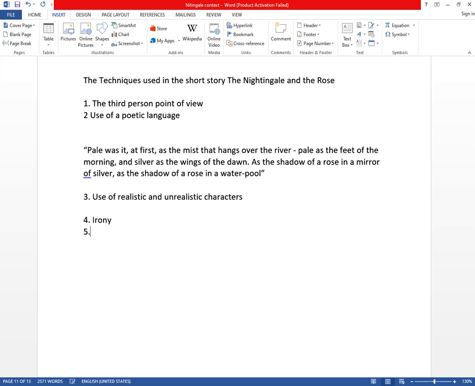Fifth technique. A well-knit, knit means made, a well-knit plot. Write down, a well-knit plot.